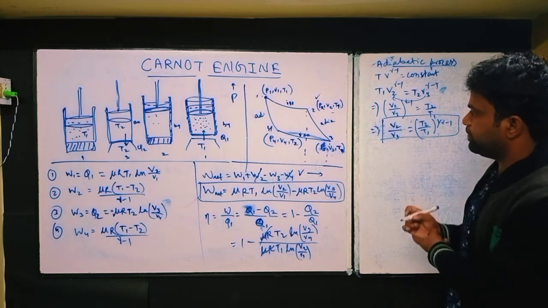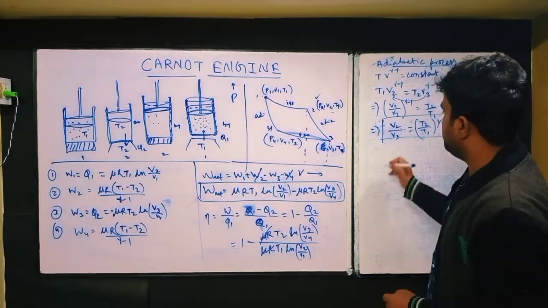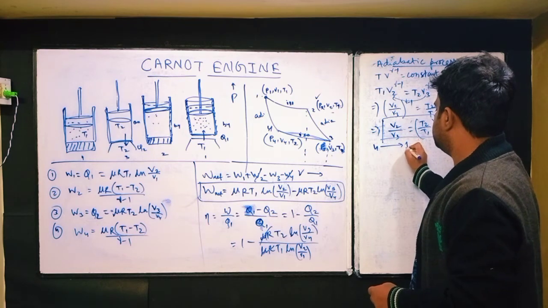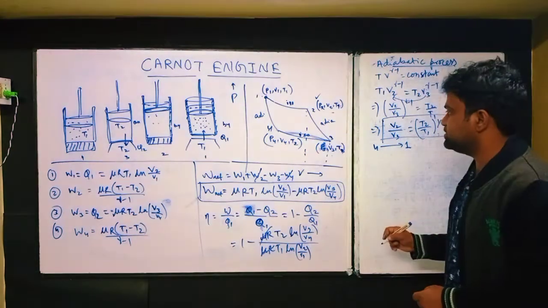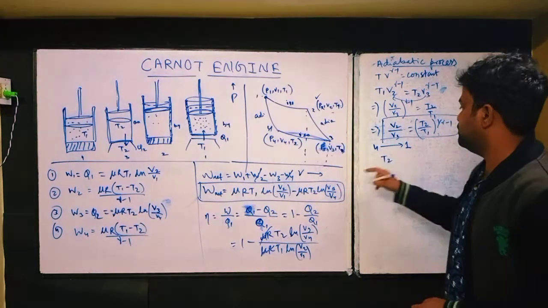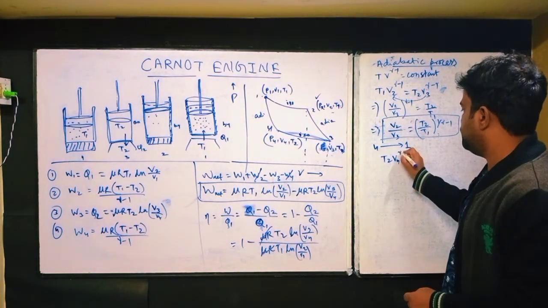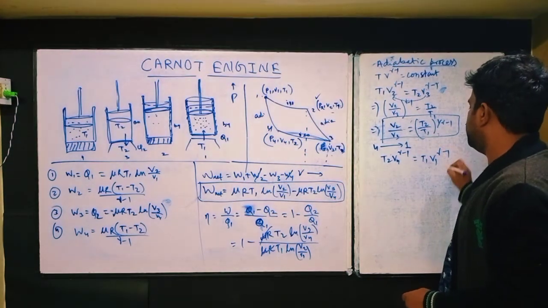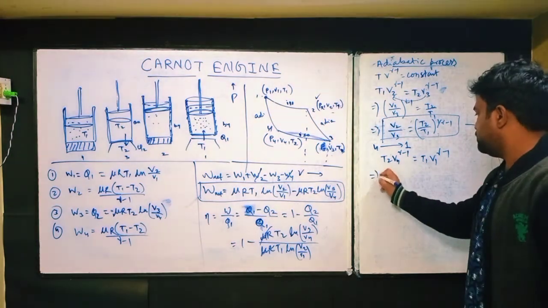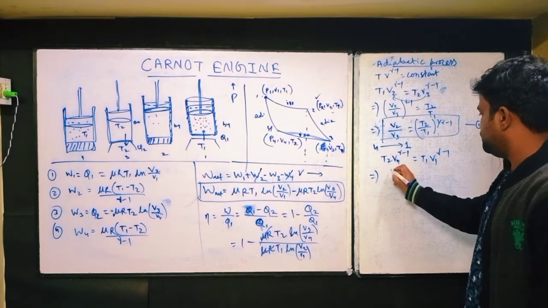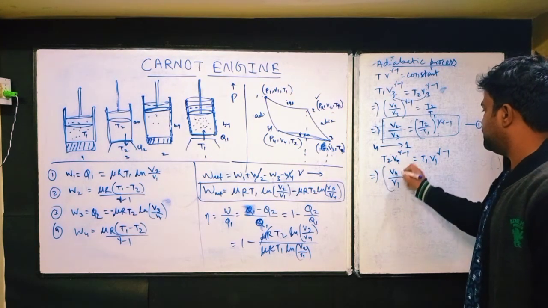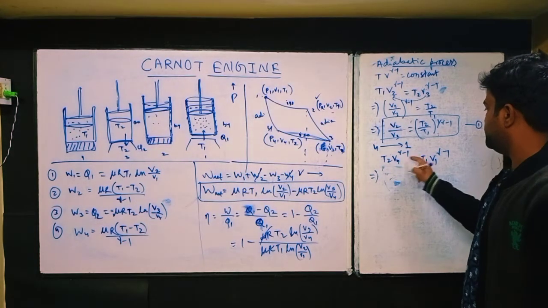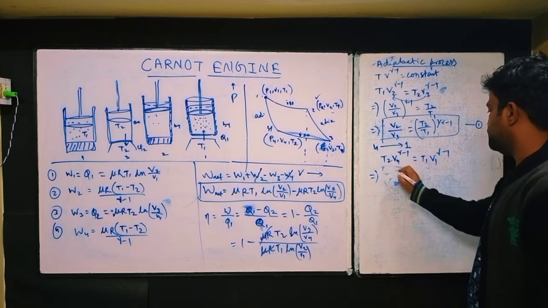Another relationship I'll get for this one, 4 to 1. So for 4 to 1, if I use this adiabatic equation, what I'll get is T2 V4 to the power gamma minus 1 equals T1 V1 to the power gamma minus 1. Fine. So I'll write the same way, in terms of T2 by T1.